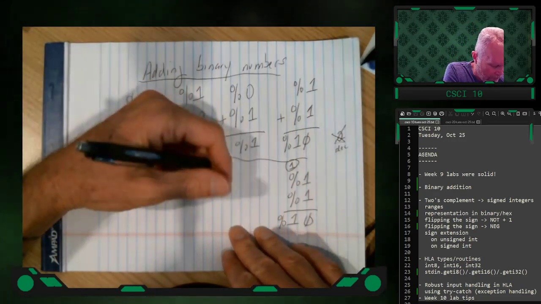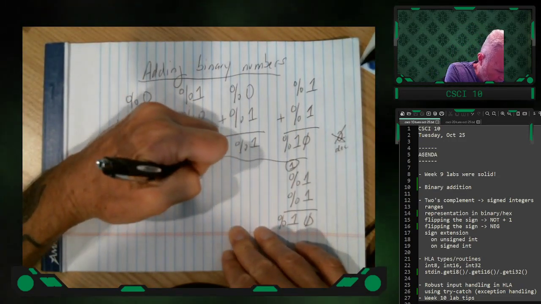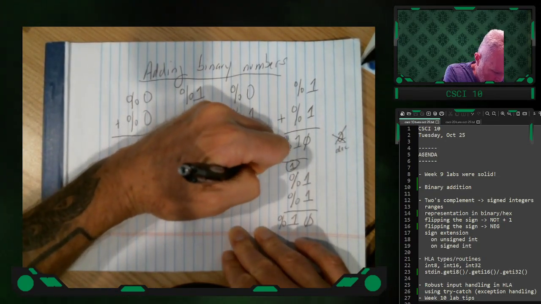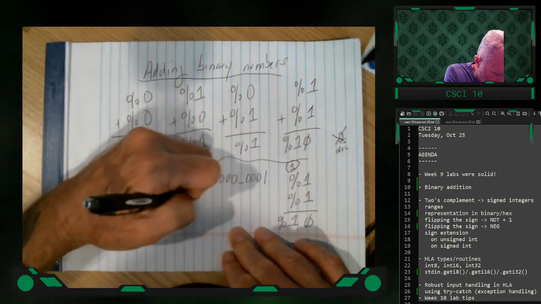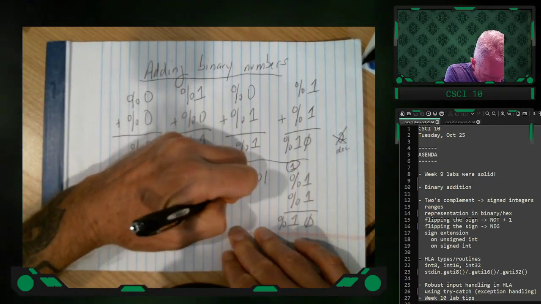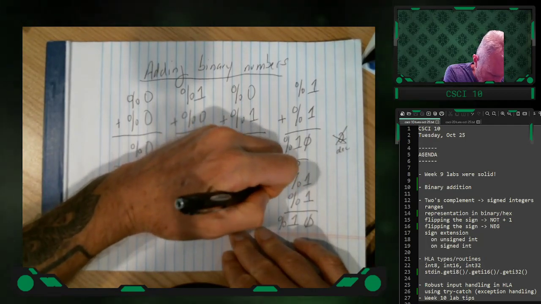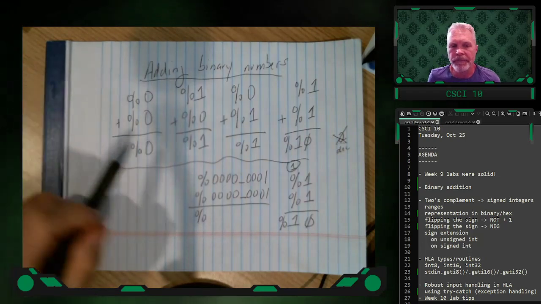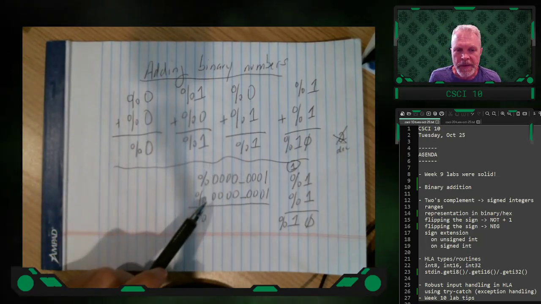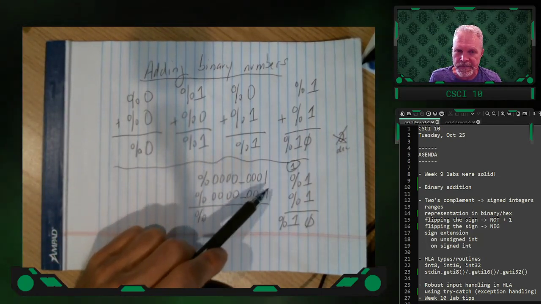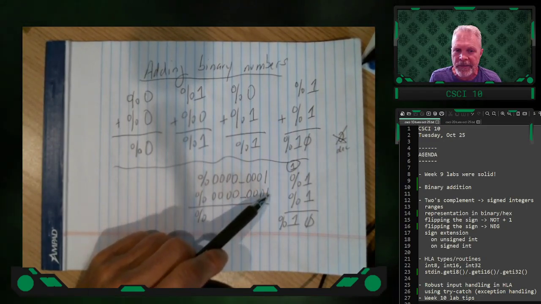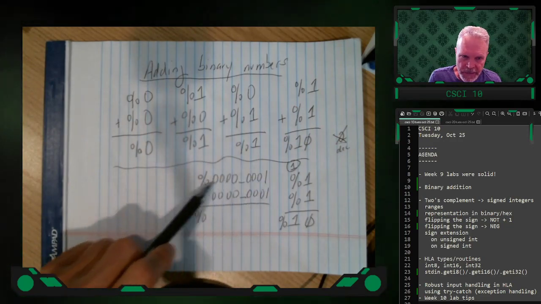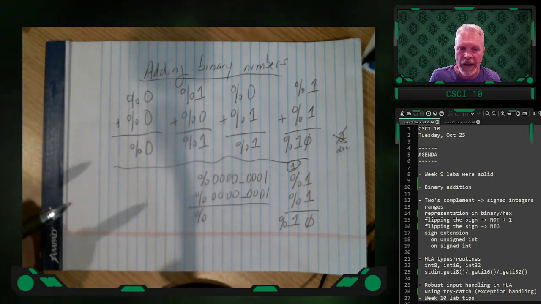So let's do an 8-bit problem, and then I'll make a new page here. Okay, so we're going to start at the lowest column, just like we do in base 10, right? We always start at the bottom, and then we work our way up to the bigger values from right to left.